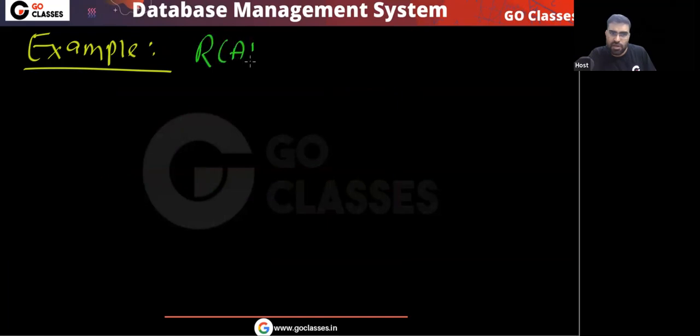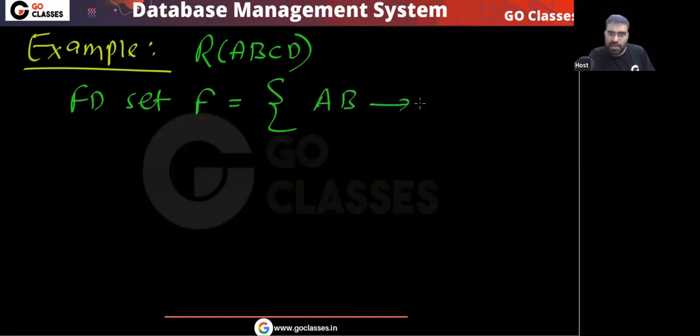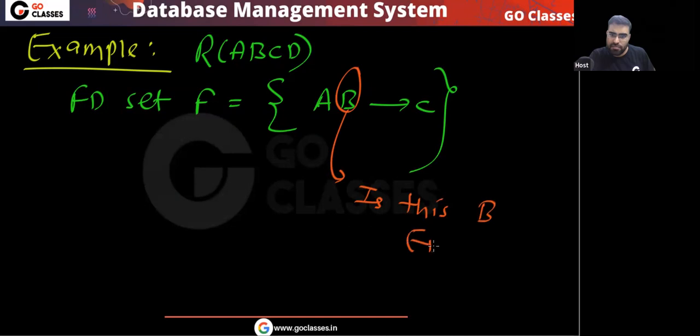Consider this relation in which you have 4 attributes, and consider this FD set F, which has AB determining C. Now, is this B extraneous? Please tell me. Common sense will tell you that this is not extra, right? Yes or no?